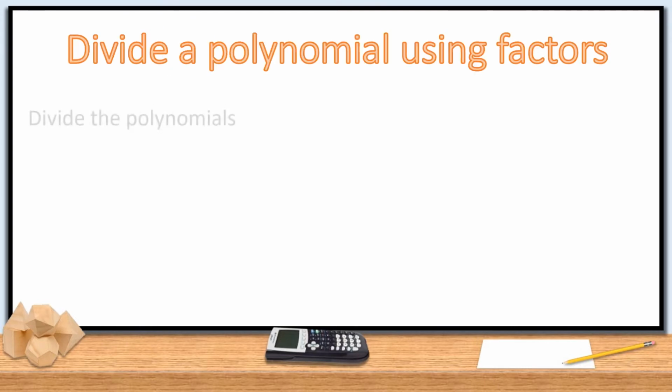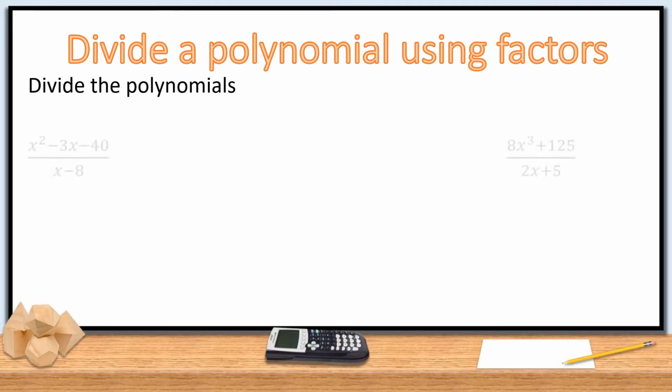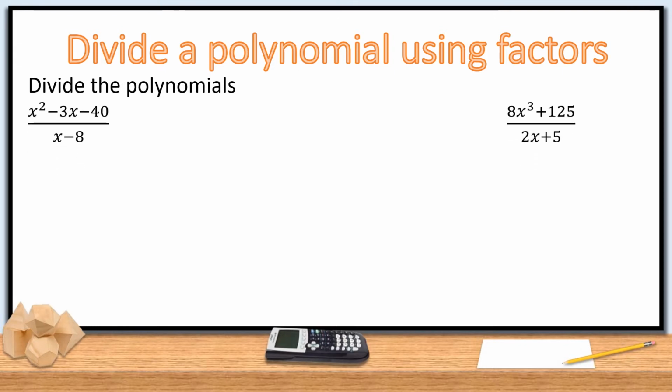All right, so when we look at dividing using factors, we're going to use that idea of writing a polynomial in factored form and then seeing, do any of the factors cancel out with the divisor? So in the first one, x squared minus 3x minus 40, we would look at that and say, okay, the factors of negative 40, we need them to add up to negative 3.